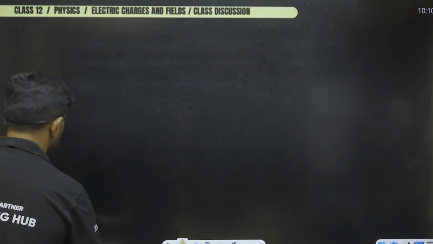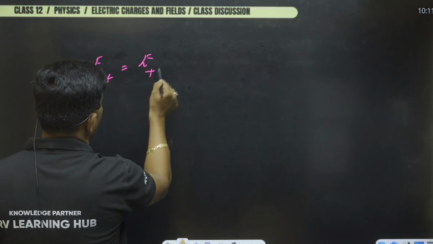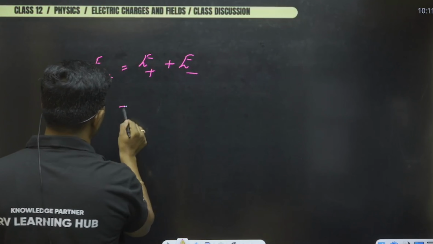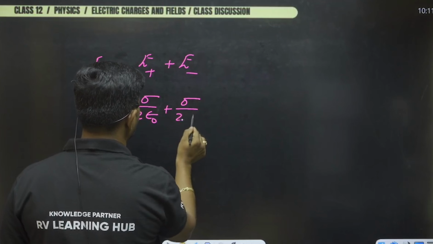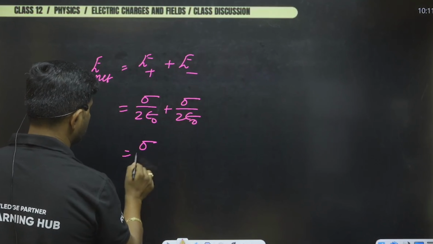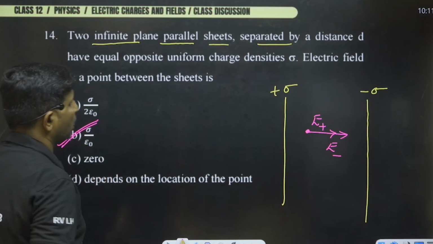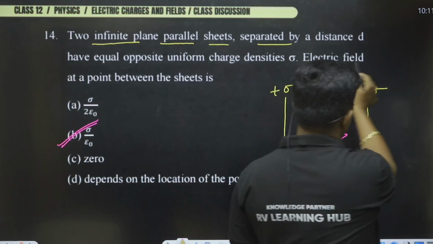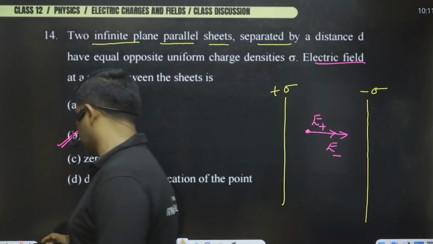The net field is equal to E due to positive plus E due to negative, which is nothing but sigma by 2 epsilon naught plus sigma by 2 epsilon naught. You will get the answer as sigma by epsilon naught. Is it right, ma? Hence, we can go with option B as the right answer. Already we have explained to you, ma. Okay, let us move on to the next question.